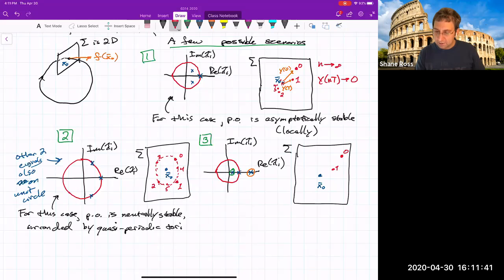And then, it's getting closer. It's getting kind of closer. And what is it doing? It's moving away. It's moving away. How can this happen? It's because corresponding to this eigenvalue, we have an eigenvector that is stable. So we got a stable direction.